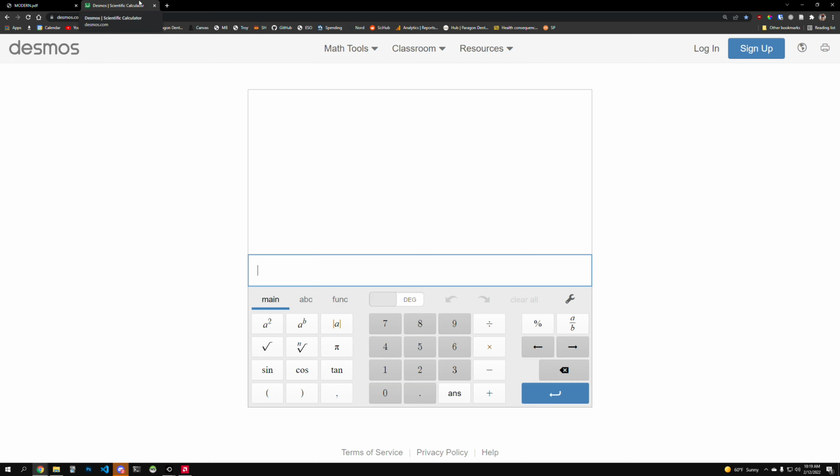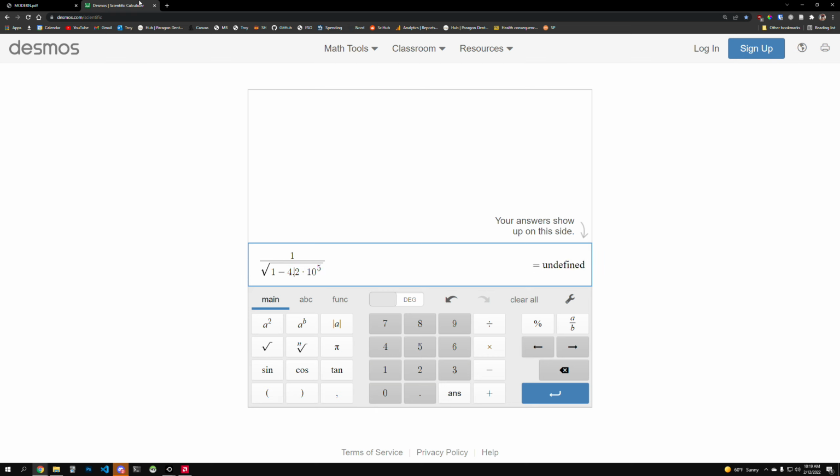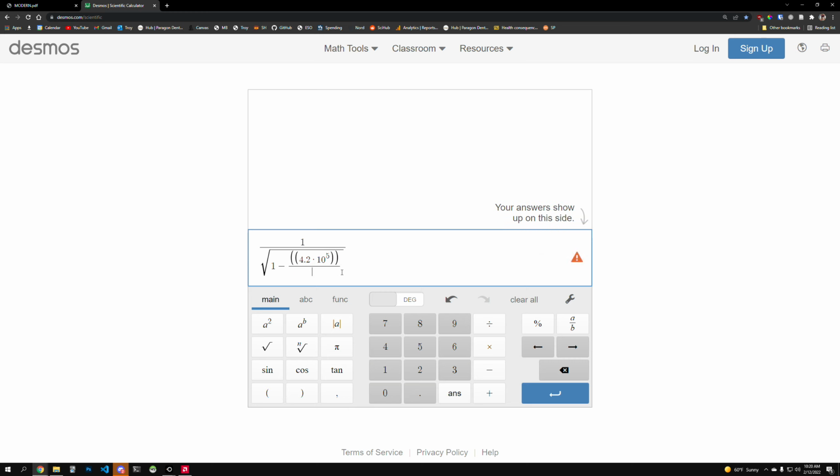All right, so 1 over the square root of 1 minus 4.2 times 10 to the 5th, and this value is squared and divided by, I know that it's going to be 9 times 10 to the 16, right? Because 3 times 10 to the 8th squared is 9 times 10 to the 16.